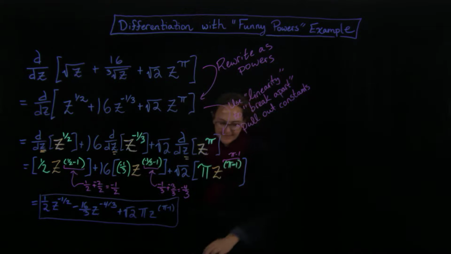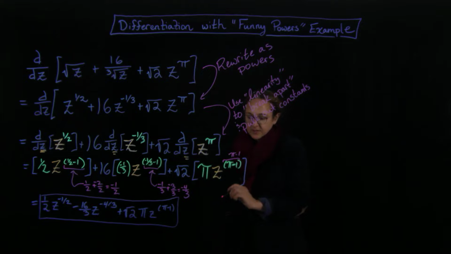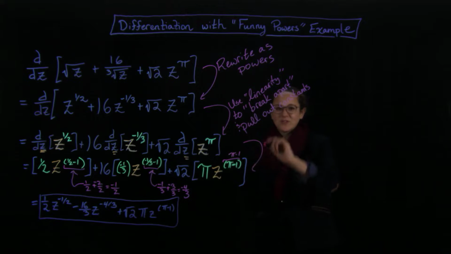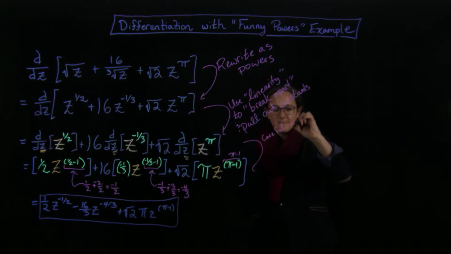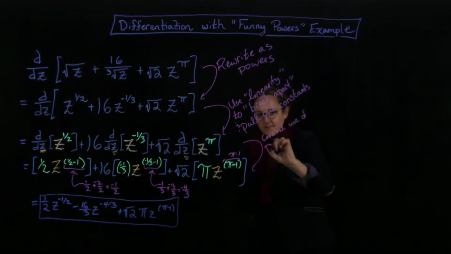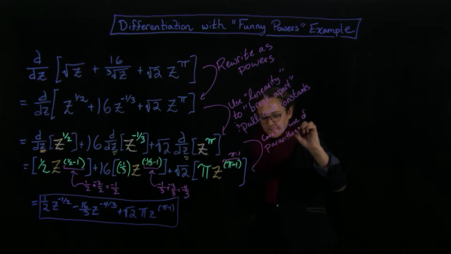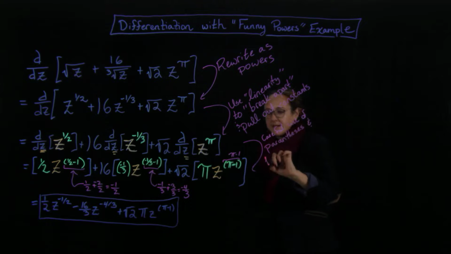So there were a number of steps in here. And maybe I should say one of the things that's going on here. What's important here is a careful use of parentheses, and doing this one step at a time.